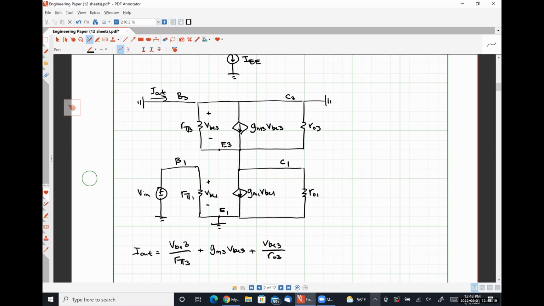So is R naught 1 in parallel with those? It is, but I'm going to get to that in a minute because absolutely it is. So what I'm trying to illustrate here, I out is the current that splits up and flows through these guys.